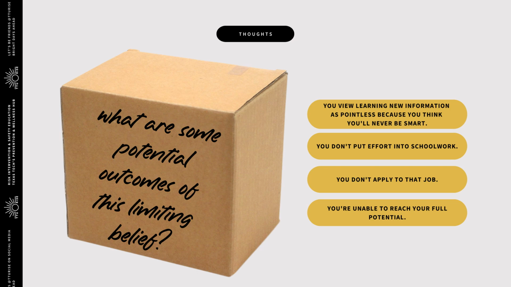Another limiting belief that could become an outcome is that you're unable to reach your full potential. If you continuously think that you only fit into one category or you're only able to accomplish so much, you're going to not ever be able to overcome those limiting beliefs.